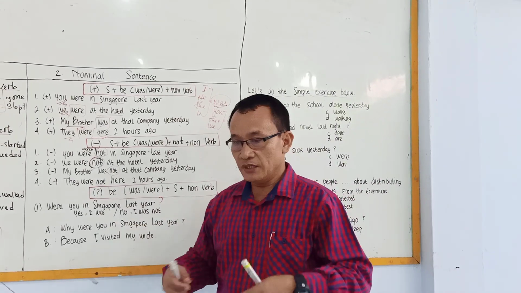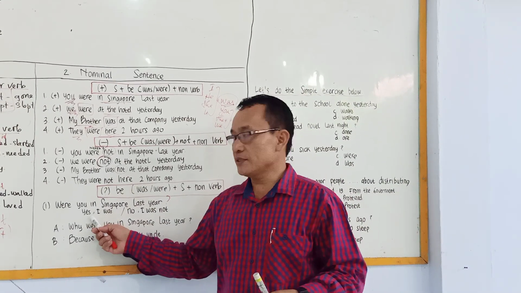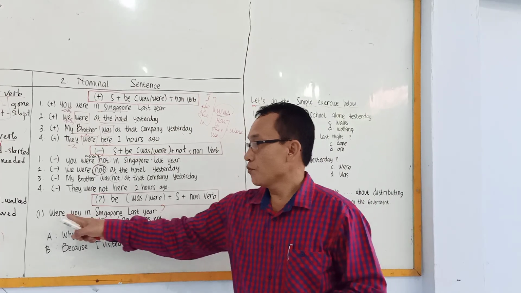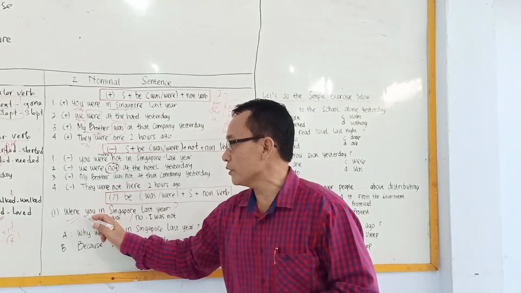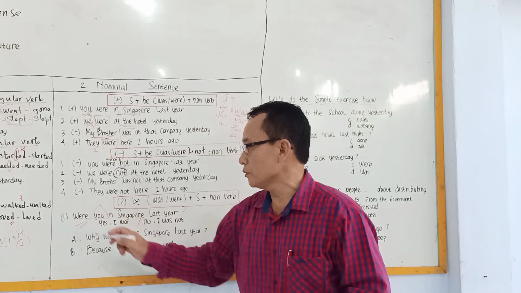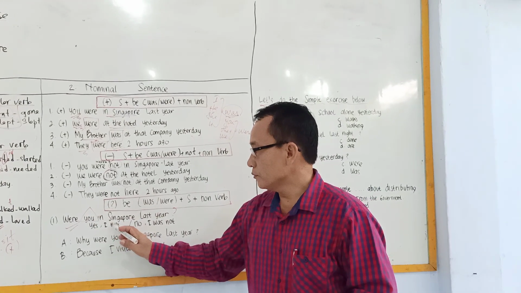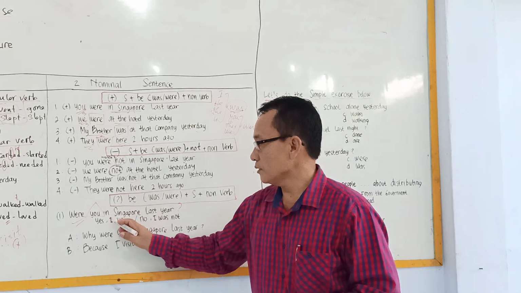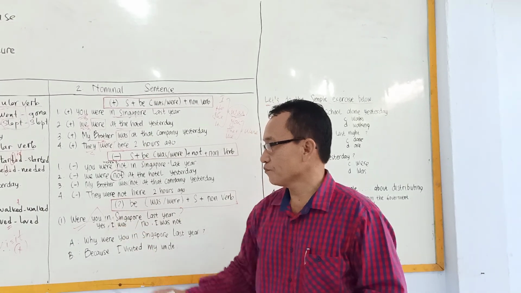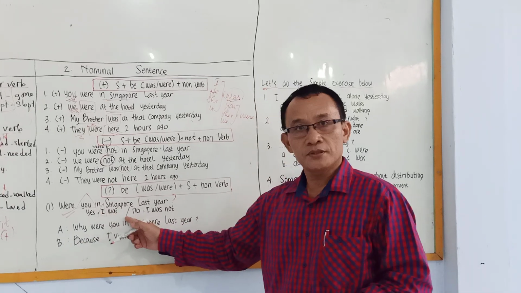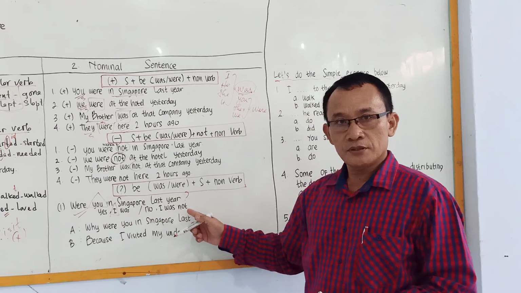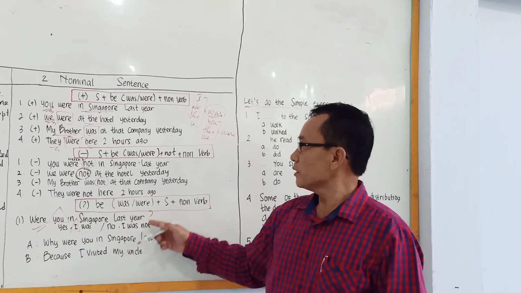The answer, if yes, you can say yes, I was. Where were you? You can say were because the subject is you. The answer, was, you can say was because the subject is I. Were you in Singapore last year? Yes, I was. No, I was not, or I wasn't.